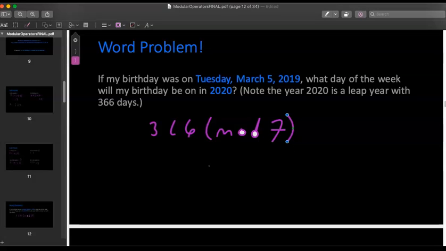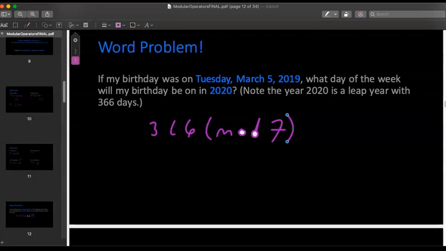So does anyone know what 366 mod 7 is? 2. Yeah, it is 2. Does anyone want to explain how they got 2? You mean like just division? I mean, you could do division, but there are different methods too. I'll just use how I got to the general number of 2 as a remainder from that whole number.